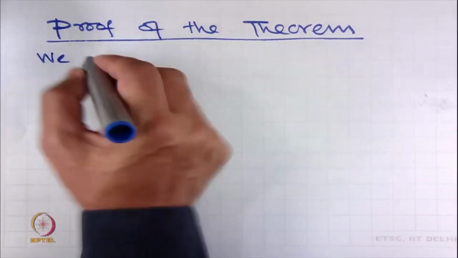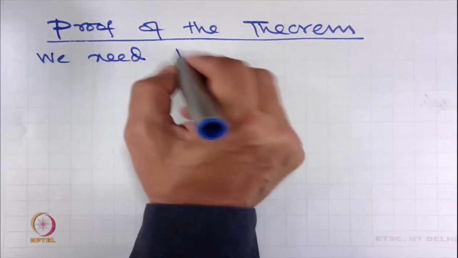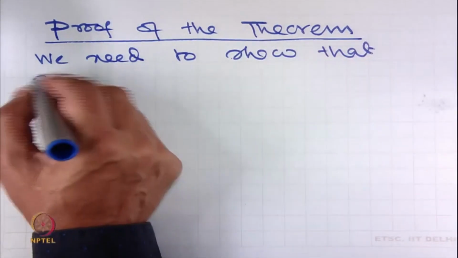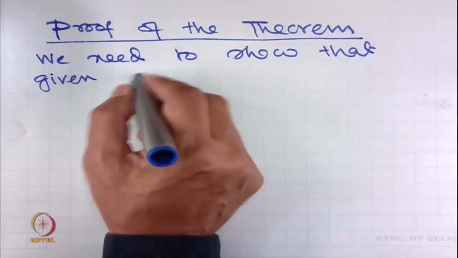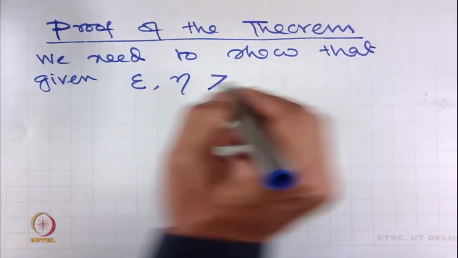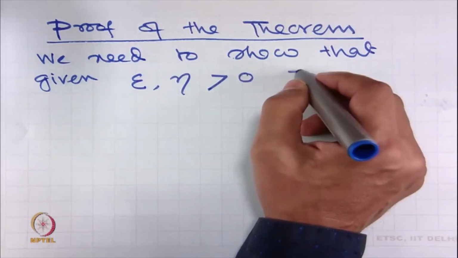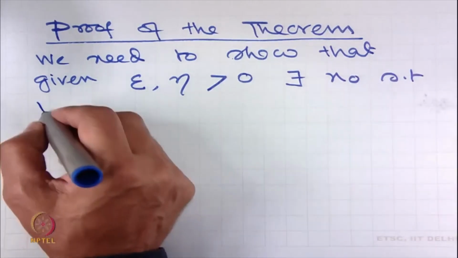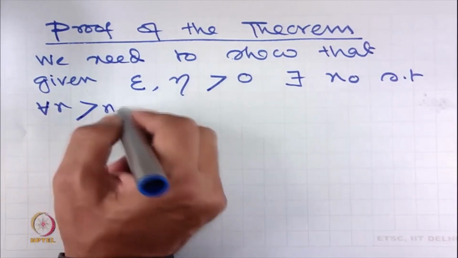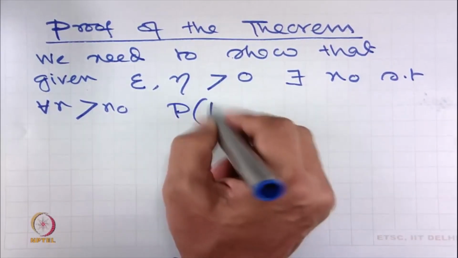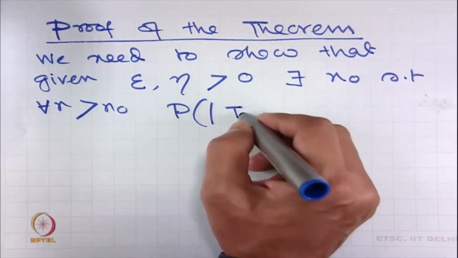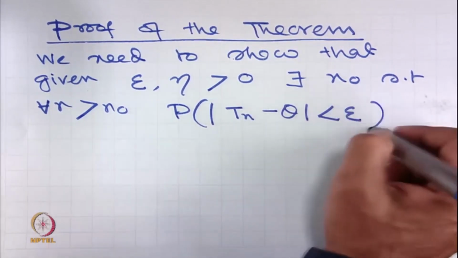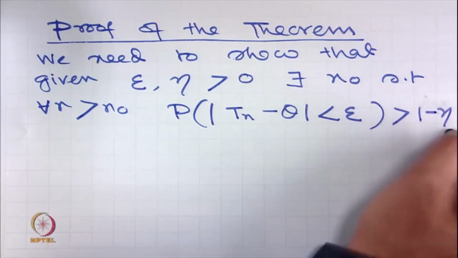We need to show that given epsilon and eta greater than 0, there exists n naught such that for all n greater than n naught, probability modulus of T n minus theta less than epsilon is greater than 1 minus eta.